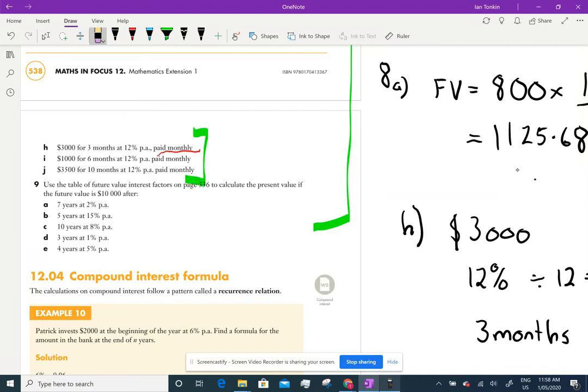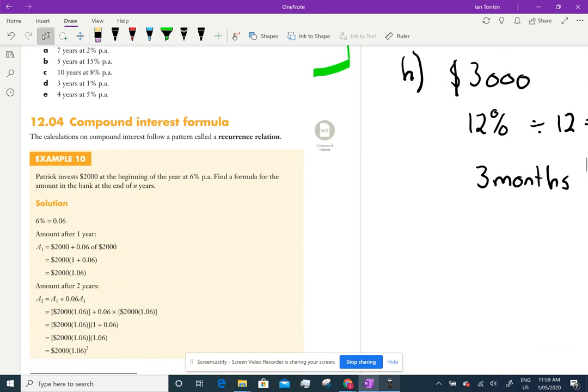So let's now have a look at question 9. Use the future value to calculate the present value. Well, if you think about this logically, which you should because you're a smart mathematician in advanced maths, the future value equals the present value times that magic number.